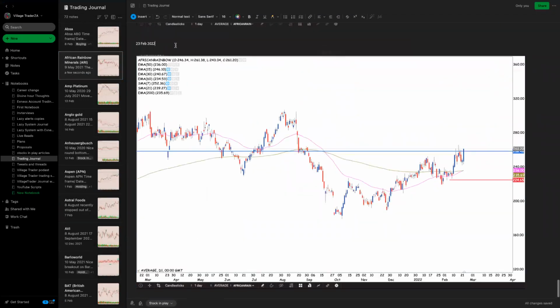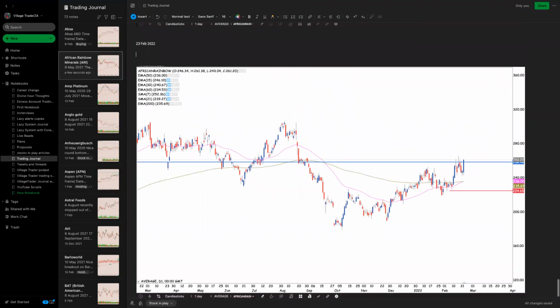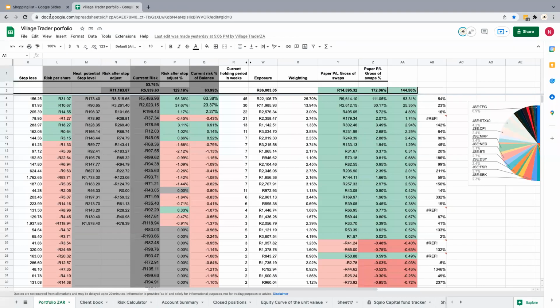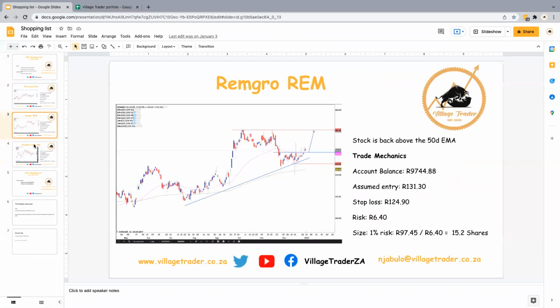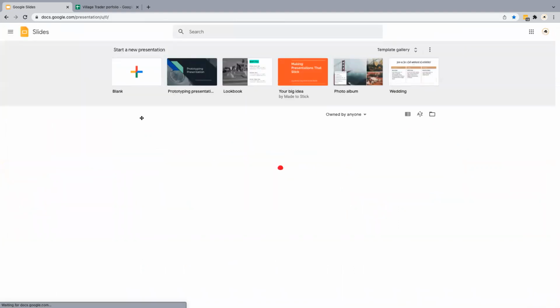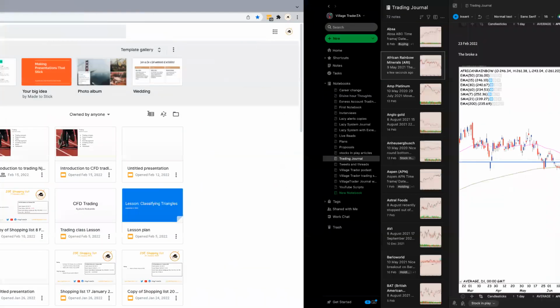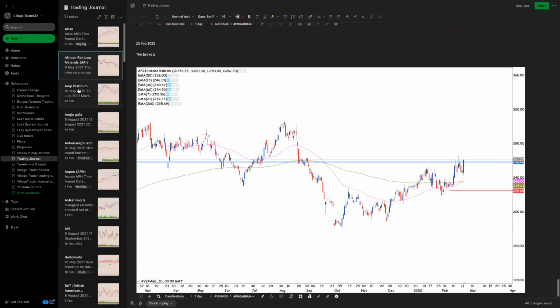Normally I would have some annotation, like that the stock broke a resistance level, and that I'm going to build up a 1% position, and so on. Here I don't have that, but let me make an example with something here.